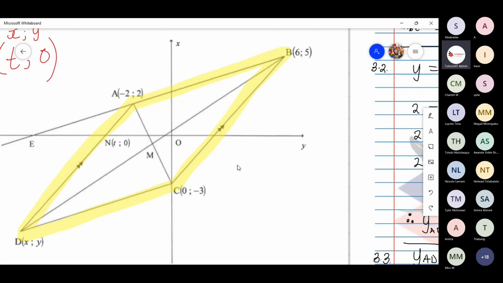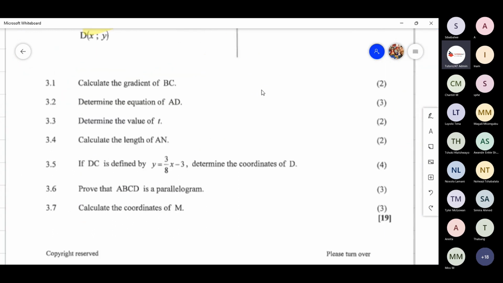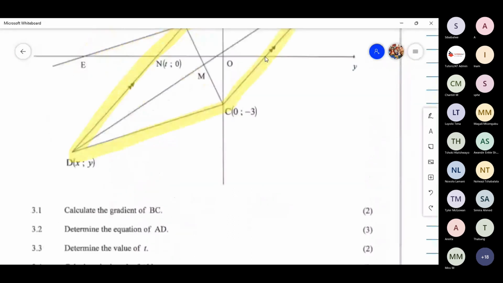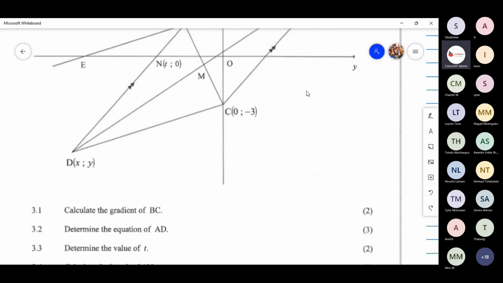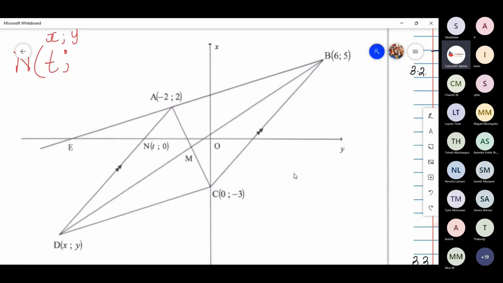So our last question of this exam paper, or rather of this particular question 3, is: calculate the coordinates of M. So let us go and find M. If you do not know the properties of a parallelogram, you will be stuck on M. If you notice, M is the intersection of both the diagonals.